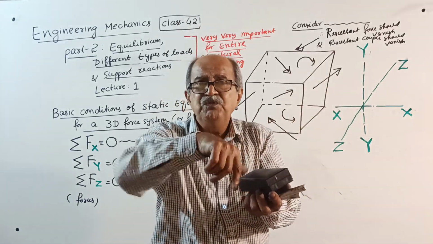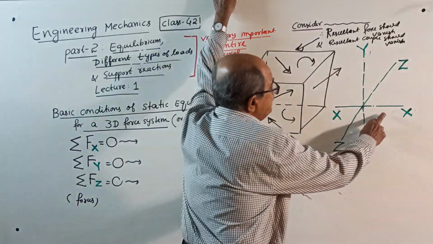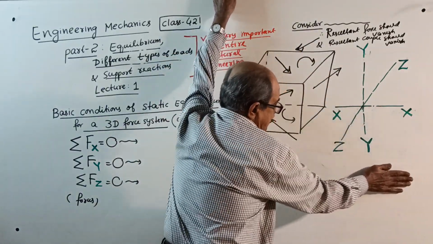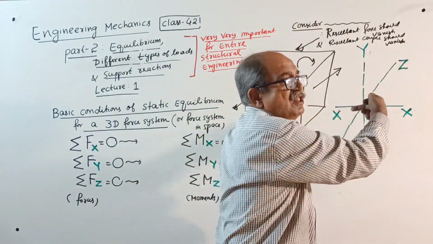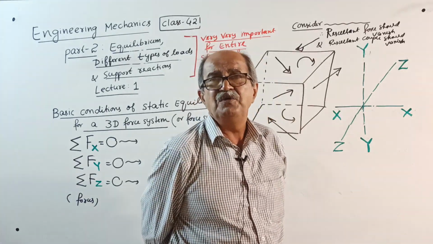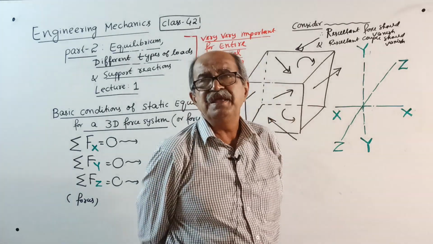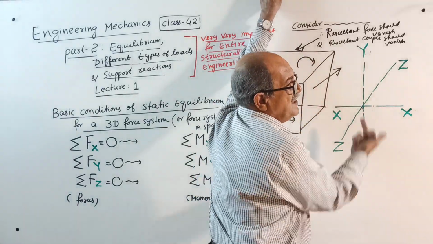Now, go further. Consider reference axis XX. See here, XX, YY, and ZZ is perpendicular to the board. This is as per STAAD.Pro software. Some software like ETAP take XX here, this YY, this ZZ.